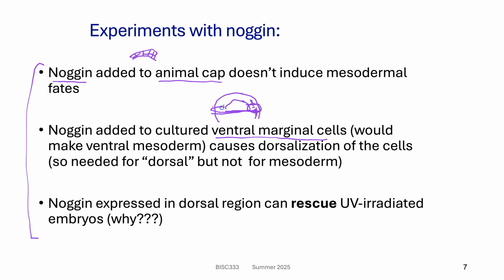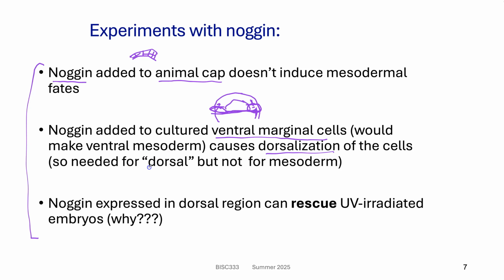So if you were to take some of these ventral marginal cells, and you remember that those are the ones that are able to induce ventral fates in animal cap explant experiments, they're already specified to form ventral mesoderm, but noggin does cause dorsalization.